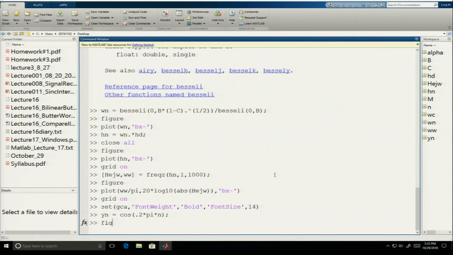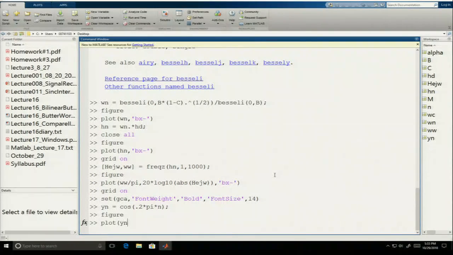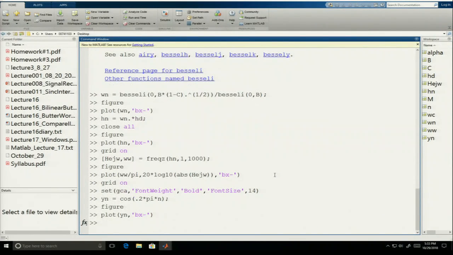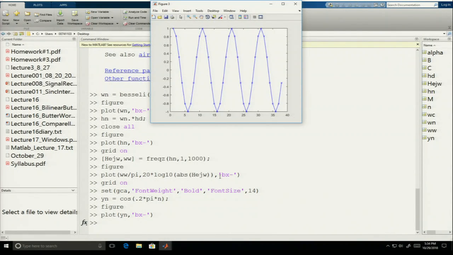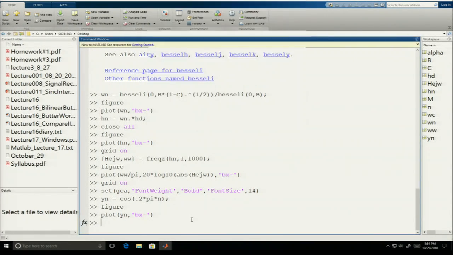So if we look at that, what do we have? It better look like a cosine, right? Regular sampled cosine looks good. Now I'm going to get the FFT out, just so you can kind of see it.